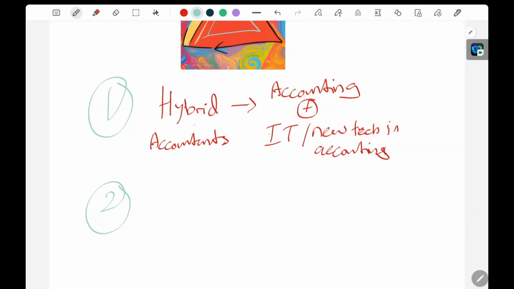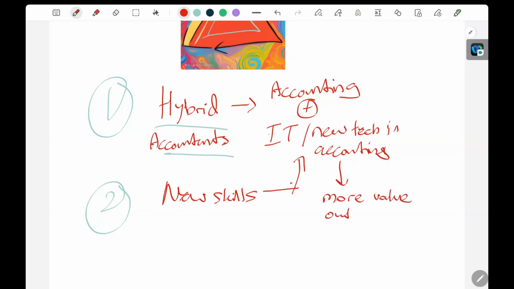With these hybrid accountants, we are now focusing on new skills to use this technology, this process, to get more value out of the information.